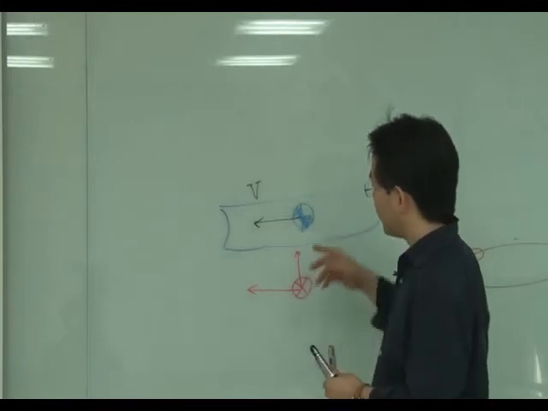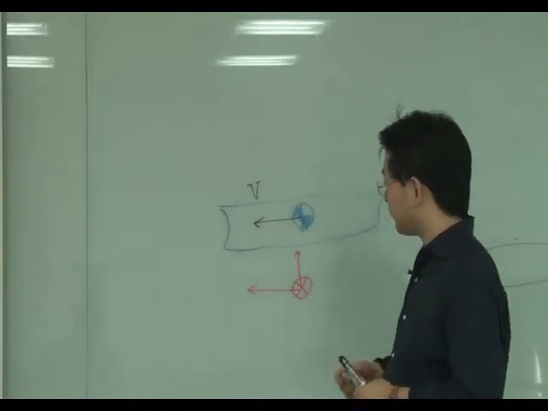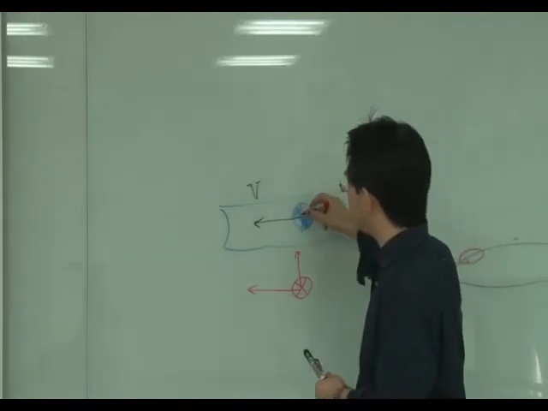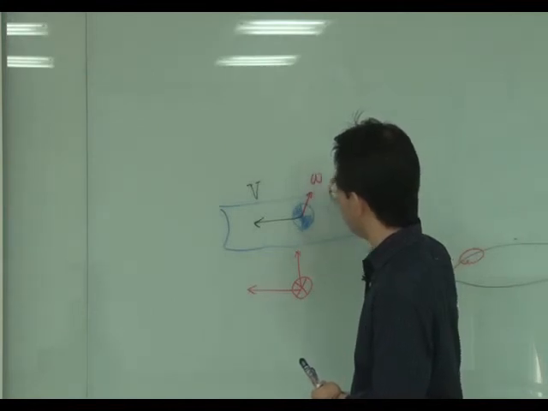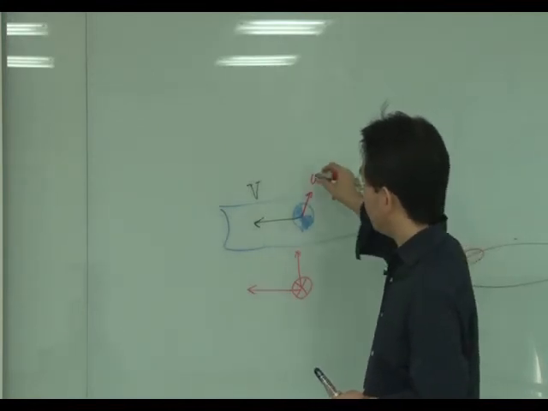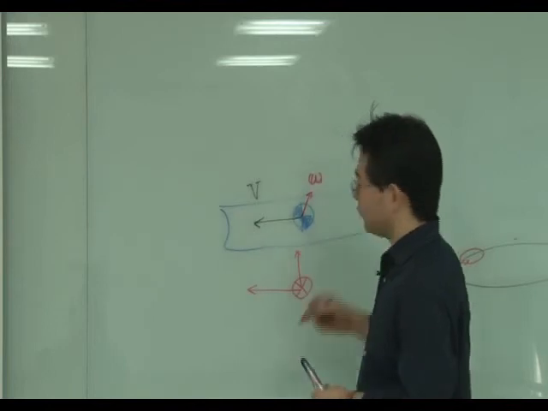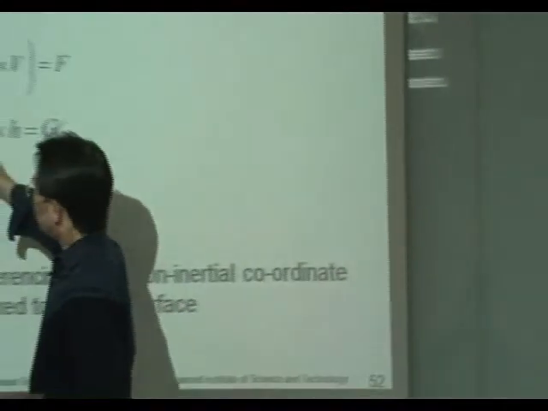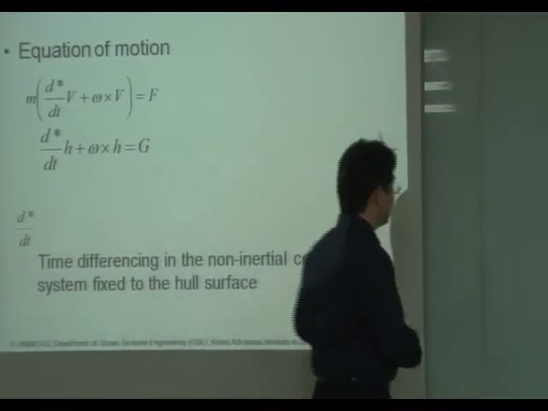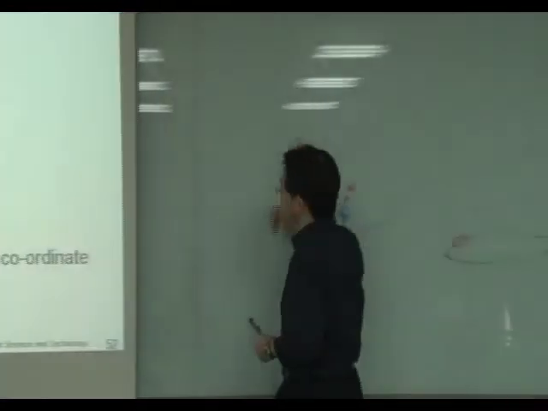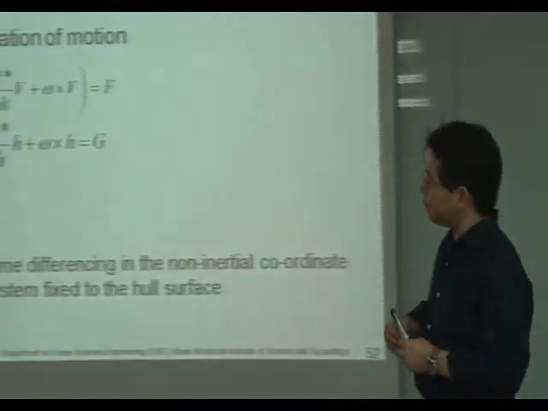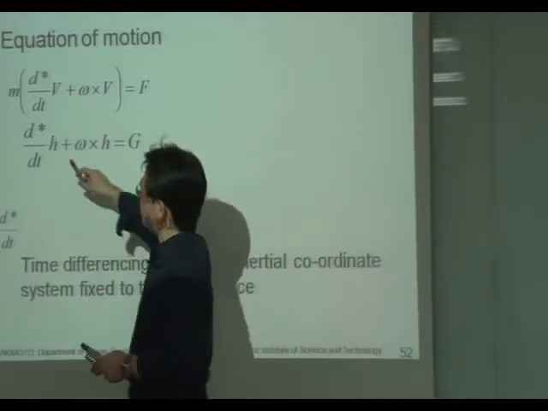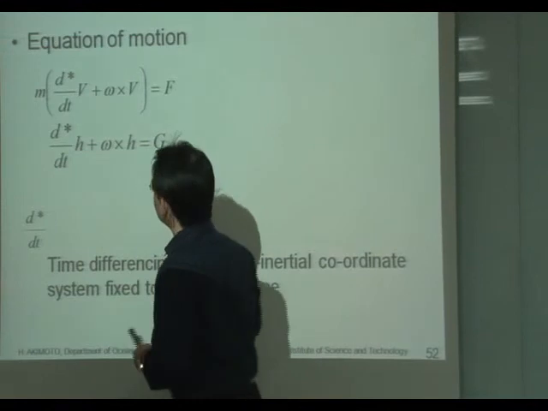So if it has pitching motion, the omega vector is normal to this whiteboard. Anyway, we have to consider this one, and H is the angular momentum of the hull.